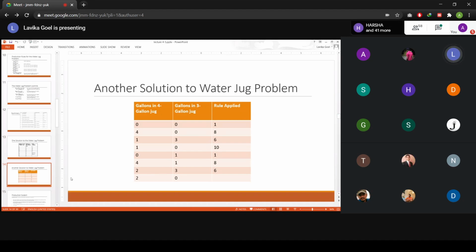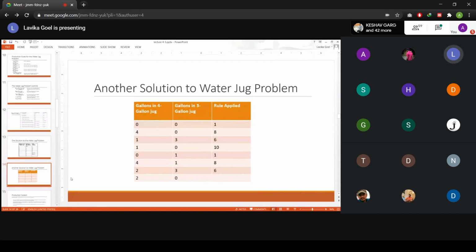Fine. Now when you get the state 0,1, you again fill the 4-gallon jug. So that was rule number 1 again. So you get the state 4,1. Now from 4,1, you pour the water from the 4-gallon jug to the 3-gallon jug until the 3-gallon jug is full. So that is again rule number 8.